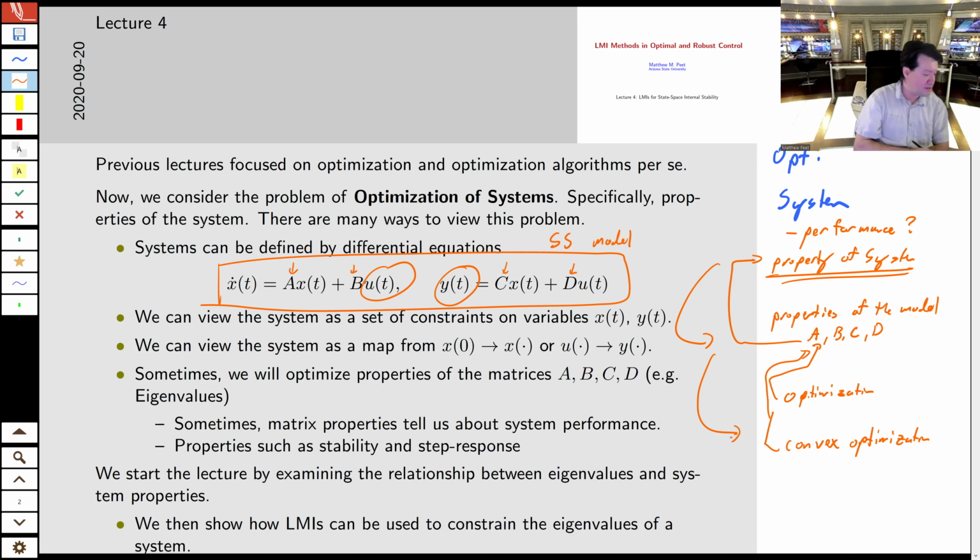Well, that's hard. So in this preliminary lecture, we're going to be looking at a very simple case where we're just interested in stability, internal stability up here.